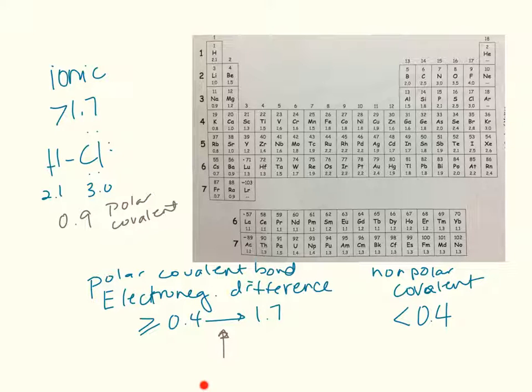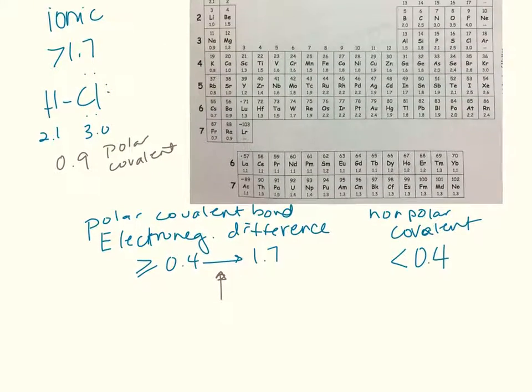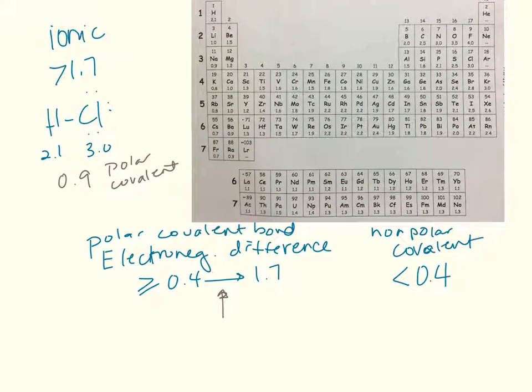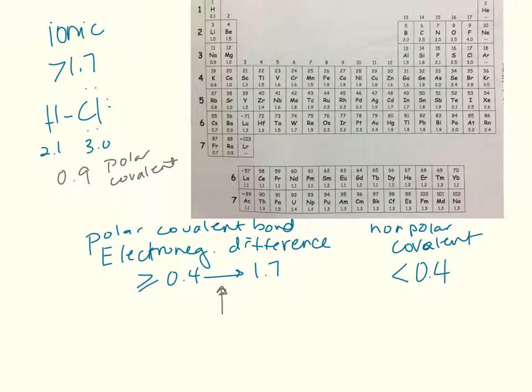So let's look at a couple of examples of those. Let's say SO2, and we want to know what kind of bond this is going to be between them, if it's going to be polar covalent or nonpolar covalent, because I can already tell you it's going to be covalent because it's a nonmetal and a nonmetal.